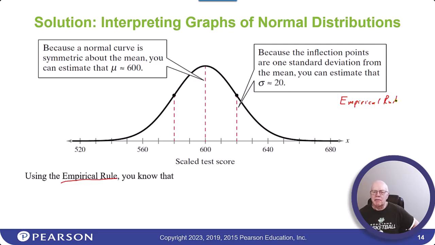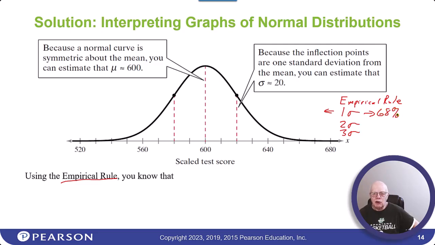If you remember about the empirical rule, we were talking about 1 standard deviation, 2 standard deviations, 3 standard deviations. What about them? Well, if you go 1 standard deviation both ways, you're going to cover, this should sound familiar, about 68% of all the data.